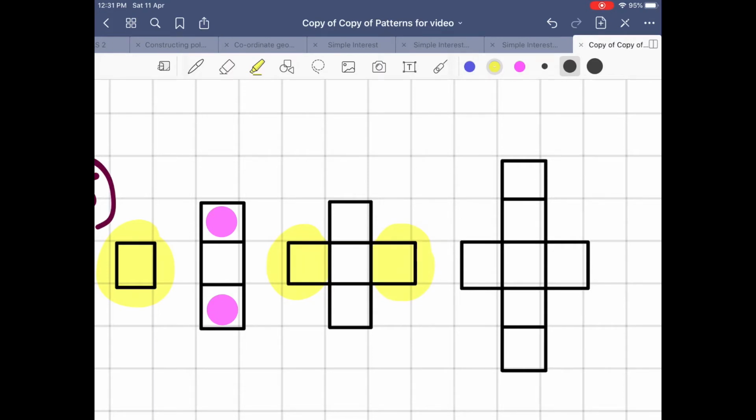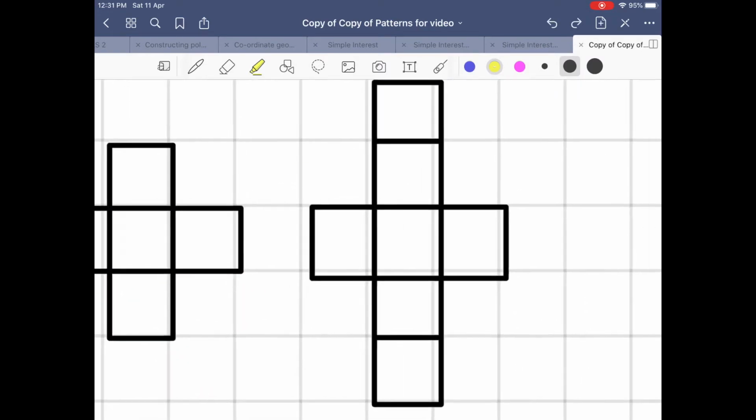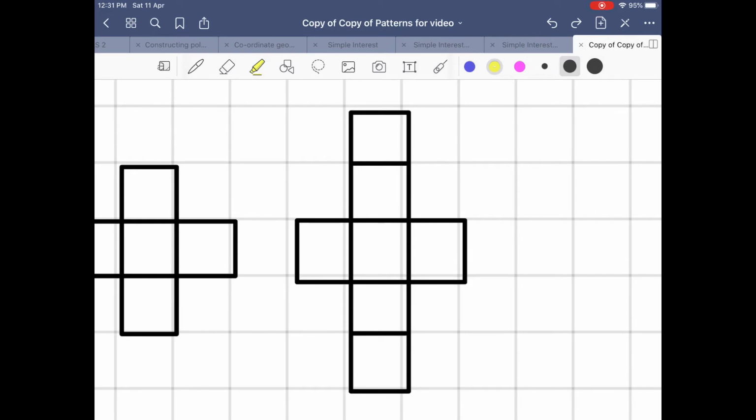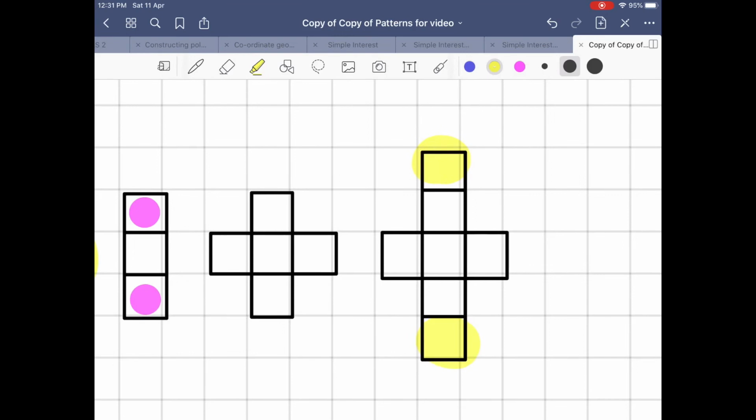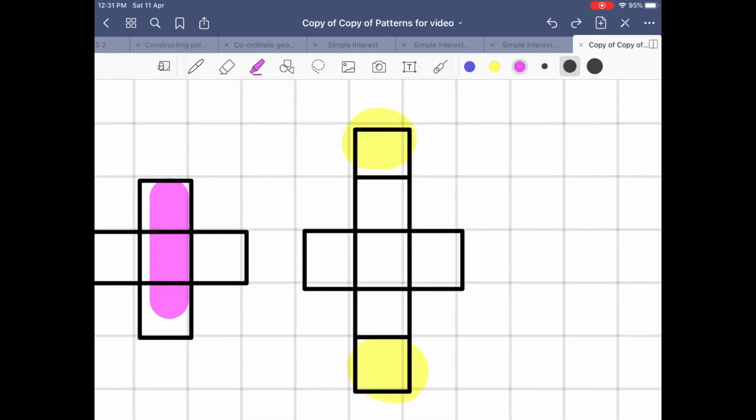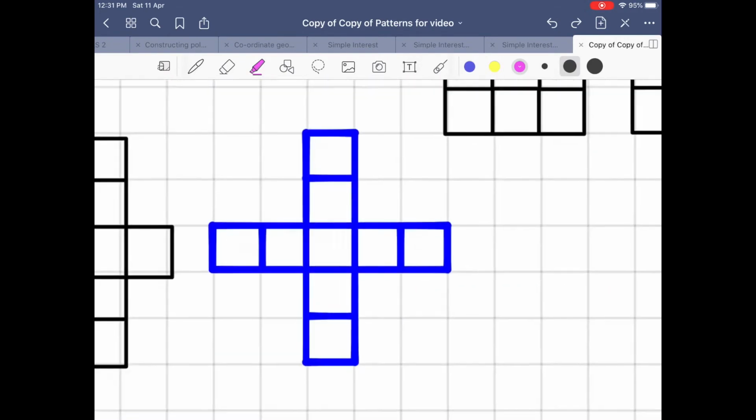So one block more on the left and the right. And next we can see again that we are increasing vertically from the last shape. So we had 3 here, now we have 5 here. So in the next shape we will increase by 1 block more on the left and the right, and that will give us this.